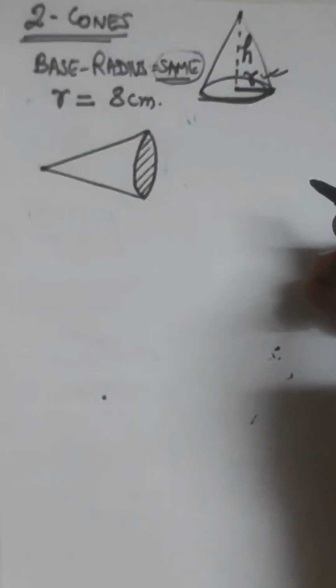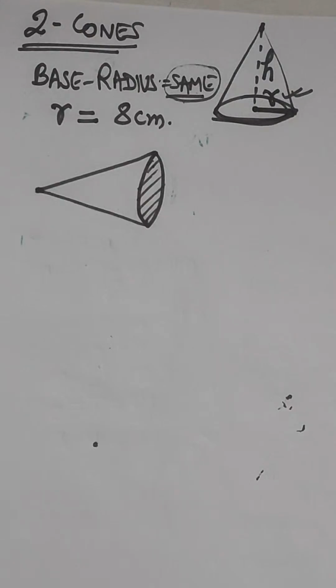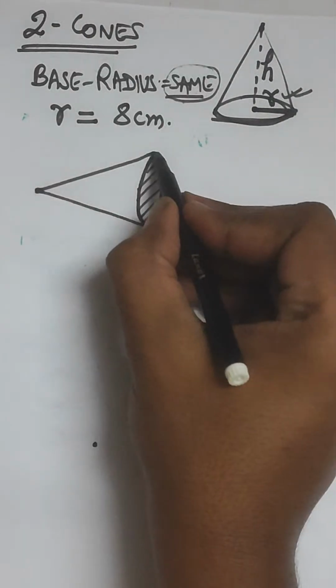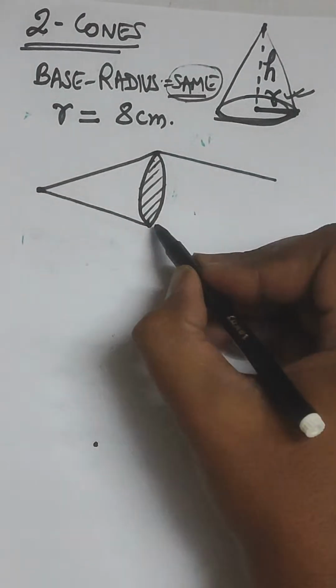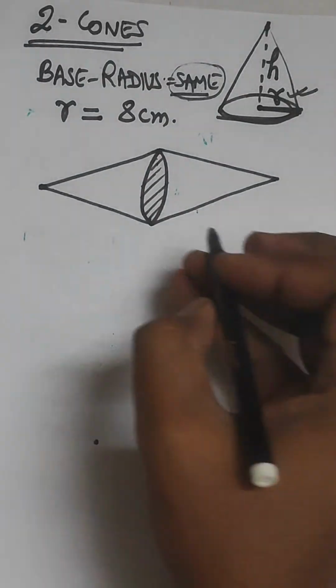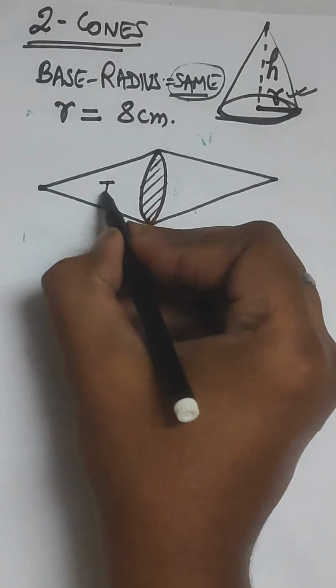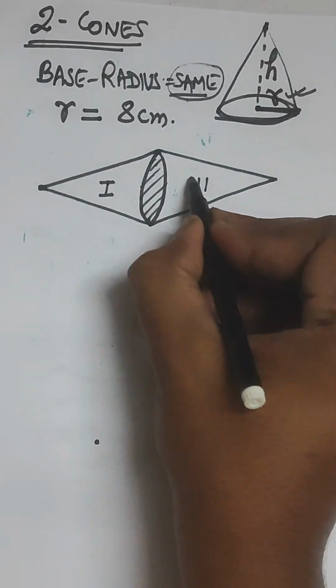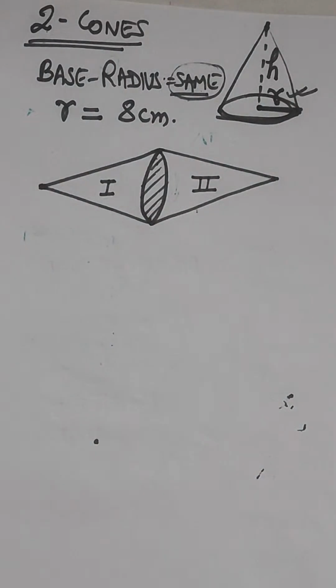That means back to back. Is it visible to you? So back to back, this is another cone which is attached. So there are two cones. This is cone 1 and this is cone 2.